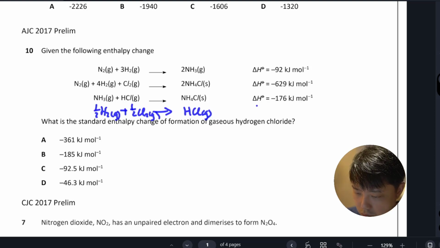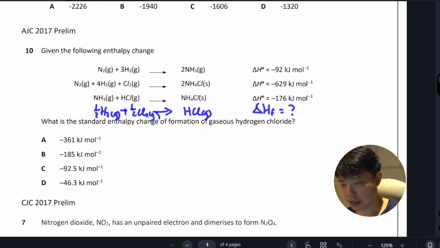Okay, so this is your delta H. We're supposed to come out with an energy cycle, or you can use products minus reactants to find the delta H reaction. So I think I will do the energy cycle.